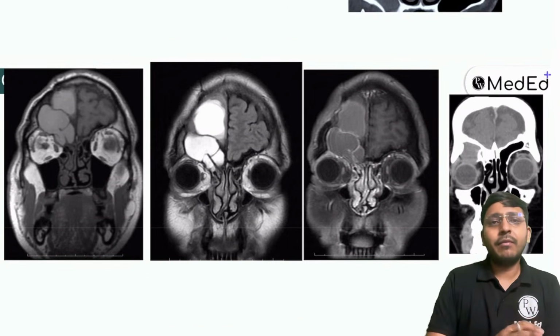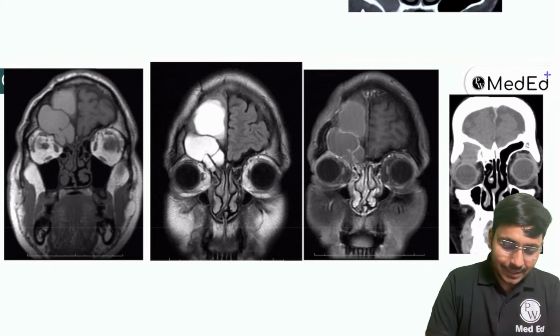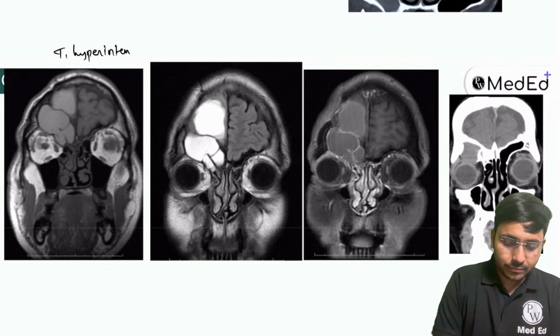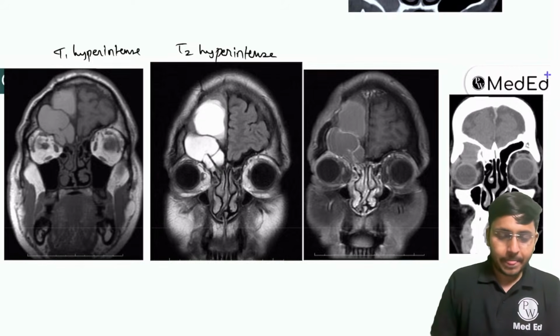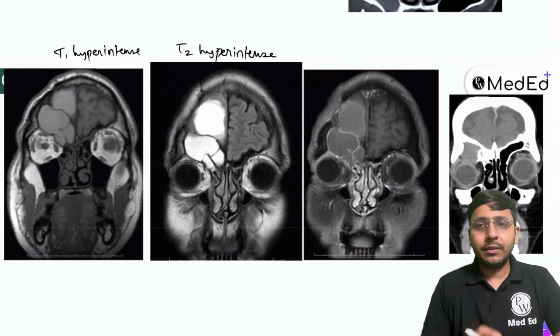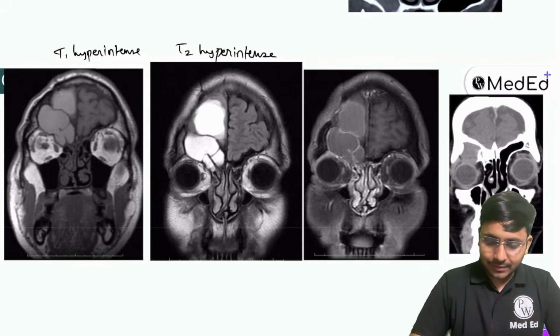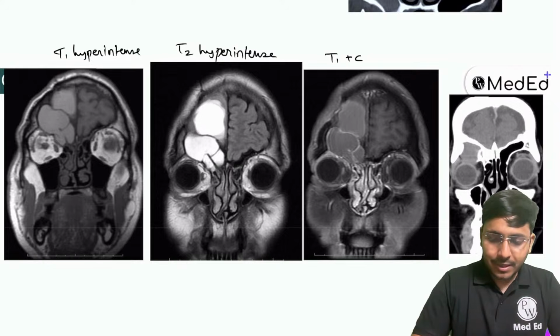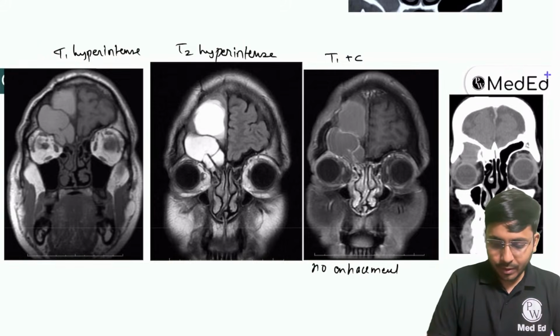So this is how a typical frontal mucocele appears. The frontal sinus has T1 hyperintense and T2 hyperintense contents within it, and on giving contrast, this is T1 plus contrast, there is no enhancement, right?